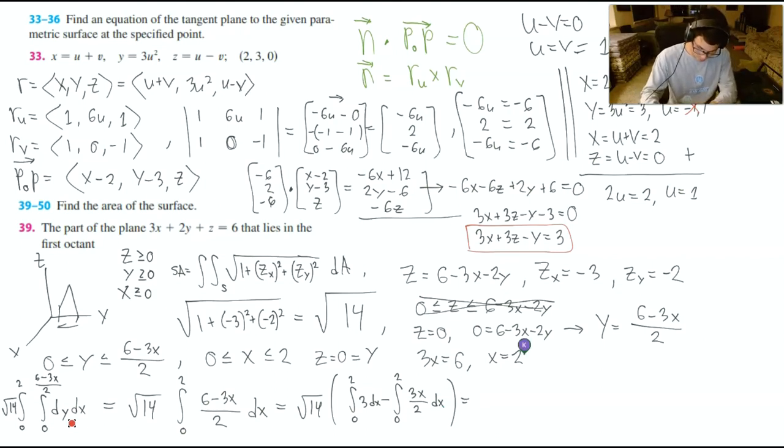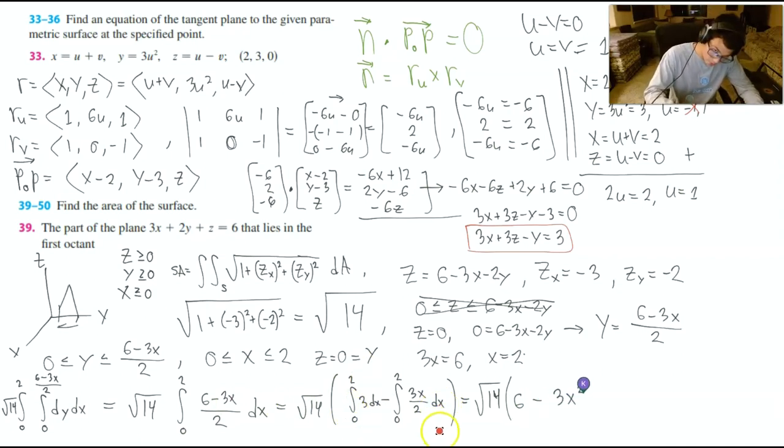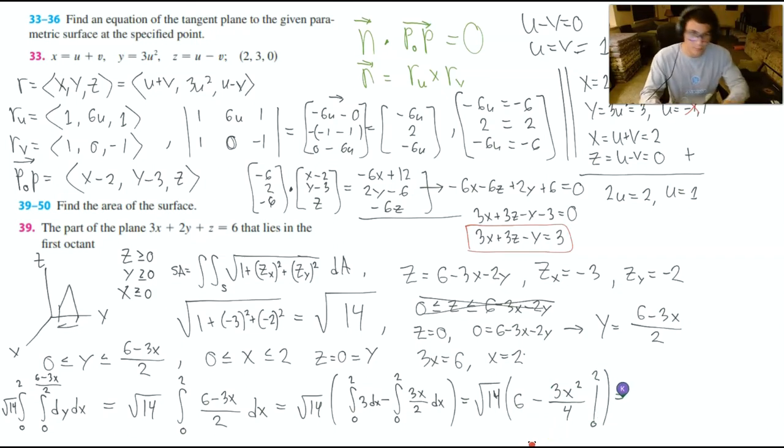And then we can write this as what? Square root 14. And this one will be 6. And then it's going to be minus 3x squared, and then divided by 4, evaluated from 2 to 0. And then that's going to be square root 14, 6.